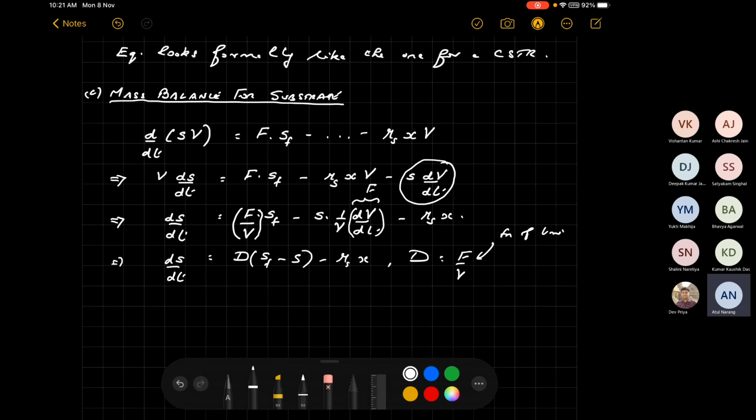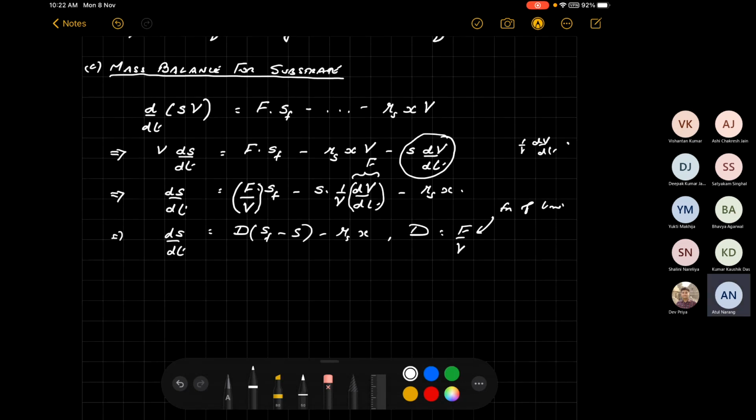In fact, it is nothing but 1 over V dV/dt, the rate at which the fractional increase is taking place. So is that part clear now? You're getting the same equations. That's kind of really bizarre, but the only thing that has happened is you have replaced the exit stream by a volume expansion. That's all that's happened in a fed batch reactor.